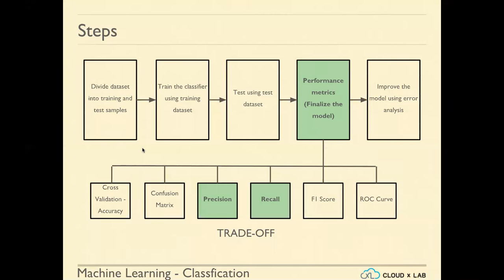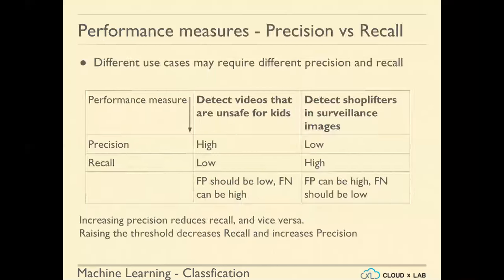Precision shows how error-free our classifier is, and recall shows how much it is able to recollect without worrying about errors. So precision and recall are kind of opposite things, and that's what we were discussing.